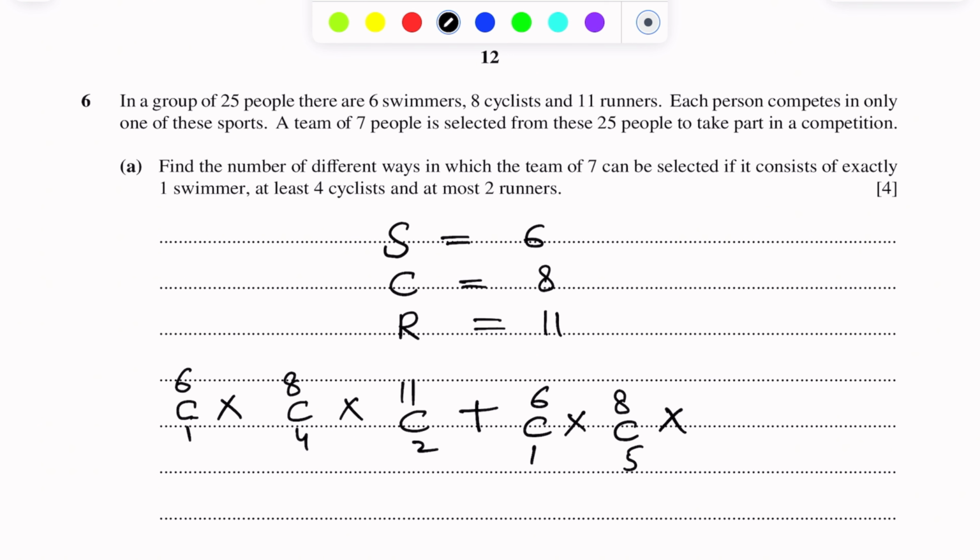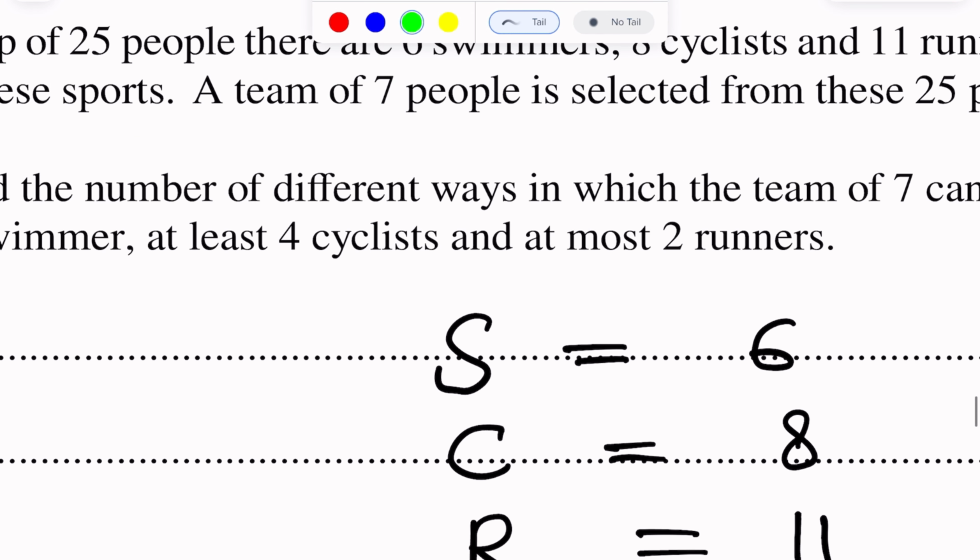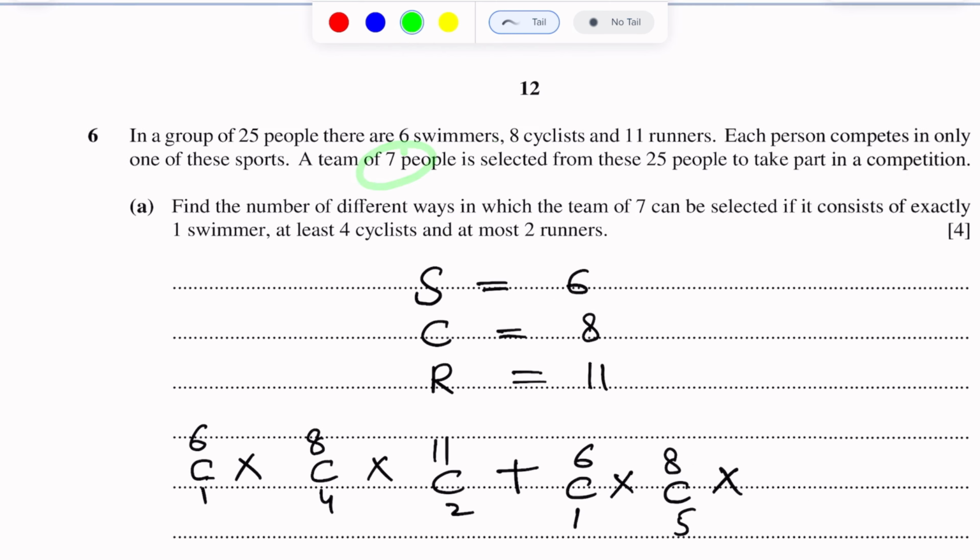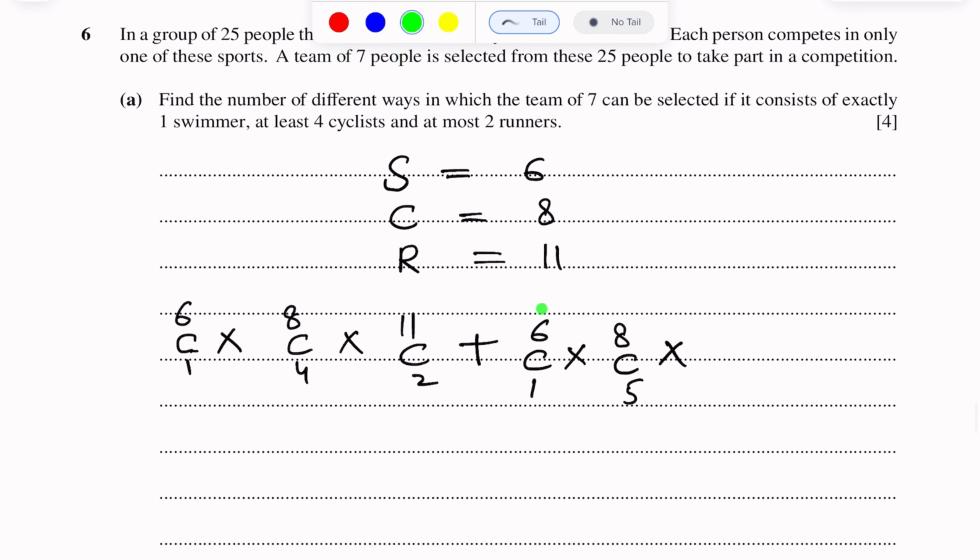Next we can take 11C1 because we have to make a selection of 7 people in total. So 6C1, 8C5, and from runners, total 11, we take 11C1.